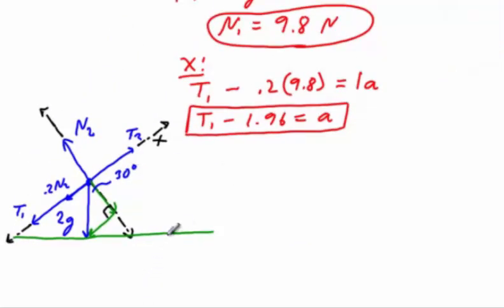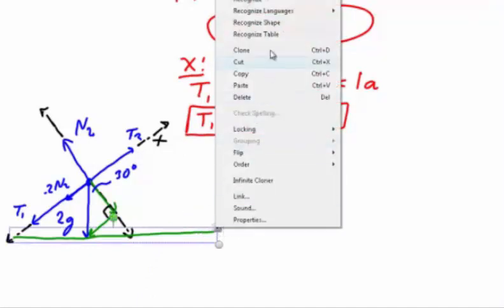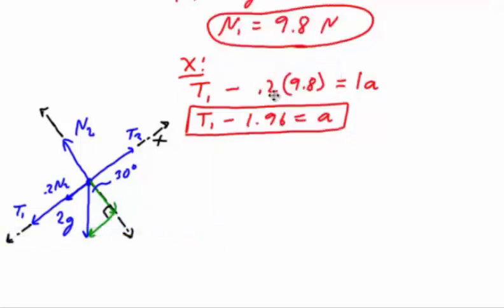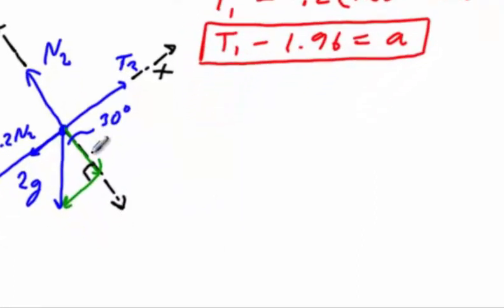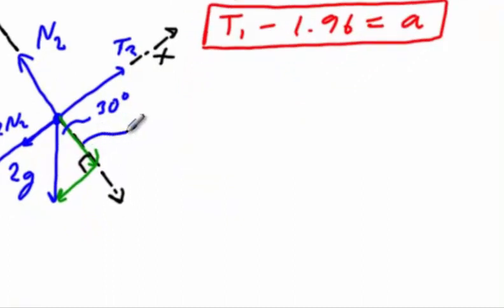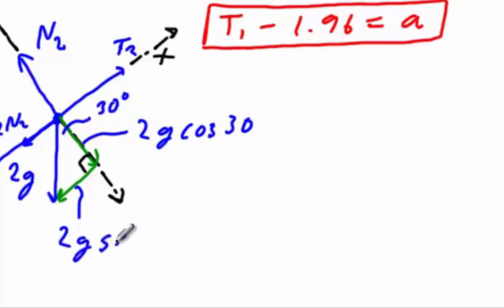That then gives me the ability to very quickly figure out which side is cosine, which side is sine, and I do so by noting here this side is adjacent to the 30-degree angle, therefore this is 2g cos 30. This side is opposite to the 30-degree angle, it's going to be 2g sine 30.